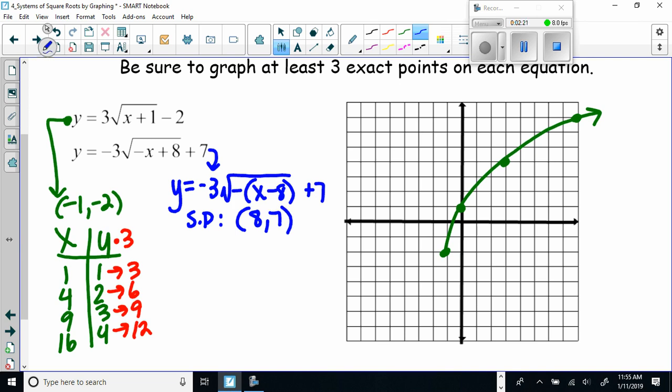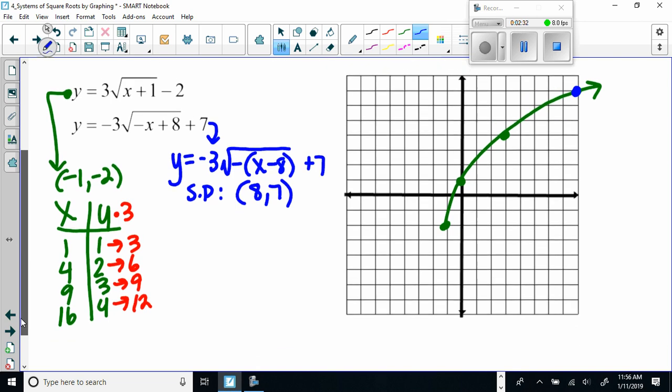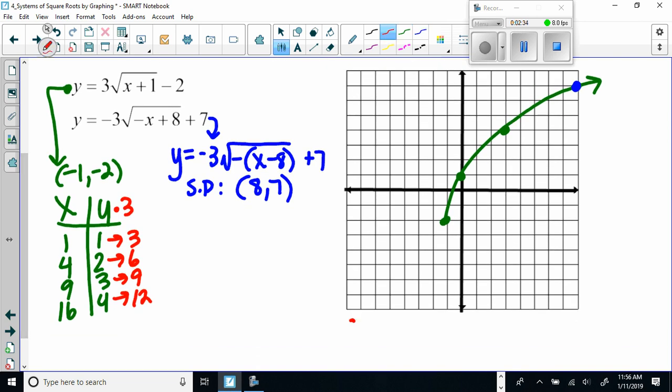All right. So +8, +7, 1, 2, 3, 4, 5, 6, 7. Oh, hey, all right, I have one of my solutions already. Let me just make a note down here, because that's one of my points of intersection. I have one solution at 8, 7. I might have more than one.